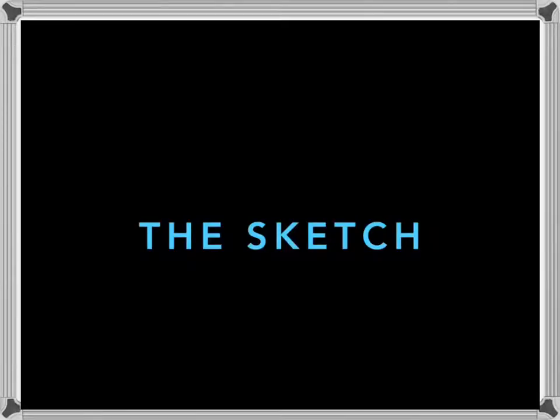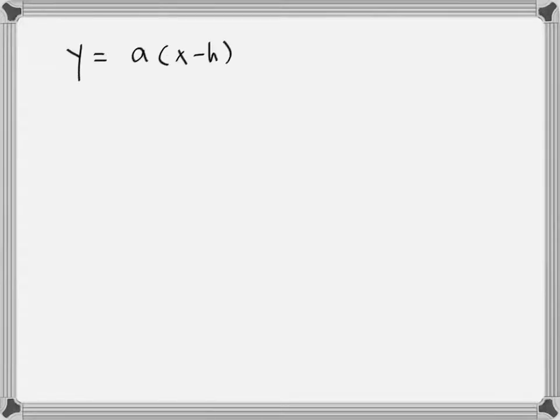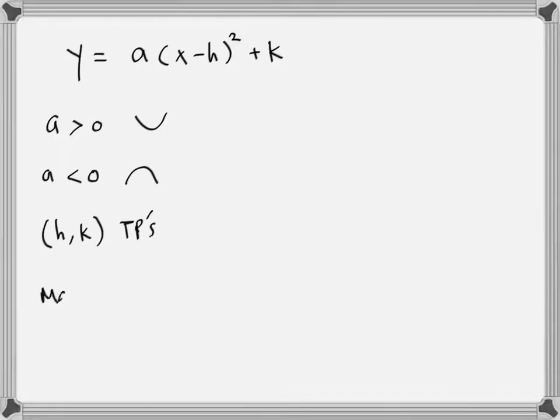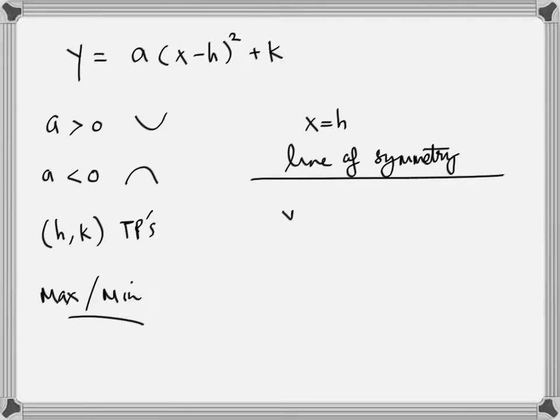Now, the sketching part based upon factorized form. Sorry, this is completed square form. Factorized form was in the previous video of quadratic inequality. Y is equal to a, x minus h whole square plus k. If a is positive, happy face. Negative, sad face. h and k are the turning points. I have taken 3 names: turning point, stationary point, vertex.